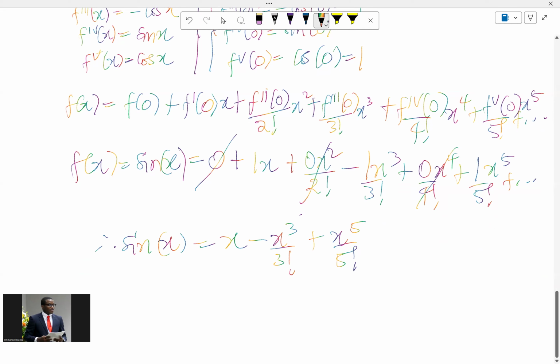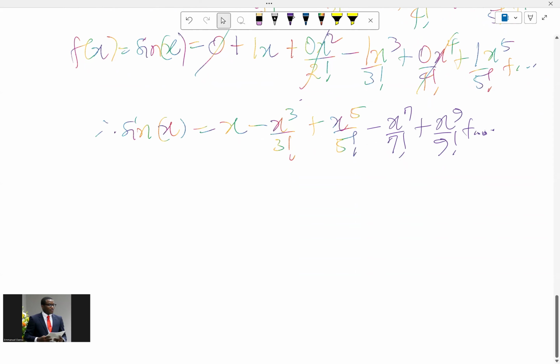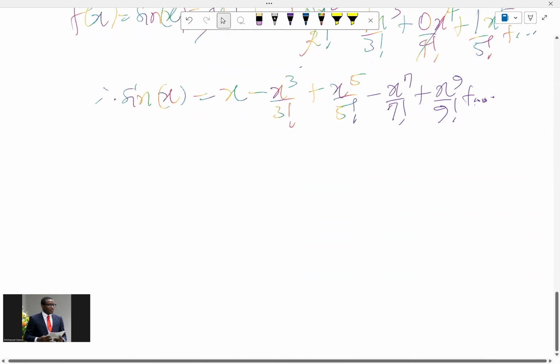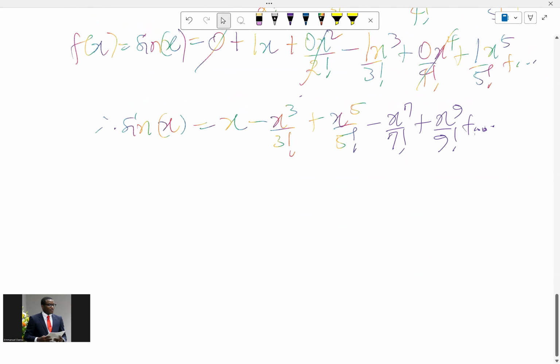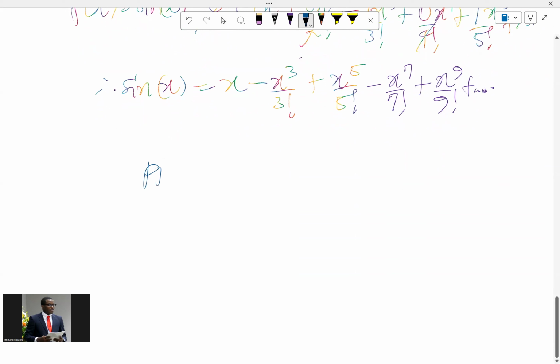If you want to stretch that further, you have minus x to the 7 over 7 factorial plus x to the 9 over 9 factorial, and so on and so forth. You can use this method for the rest. I don't want to go into other examples because this is getting too long already, so we can take the rest as practice questions.